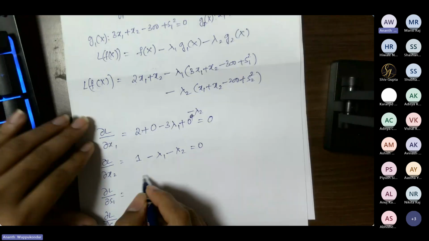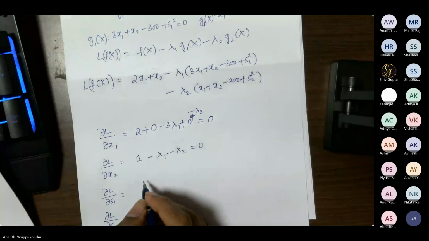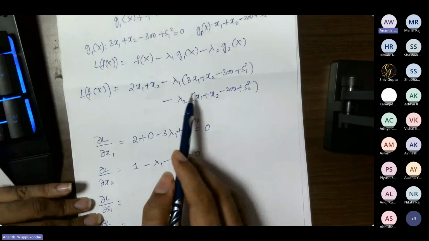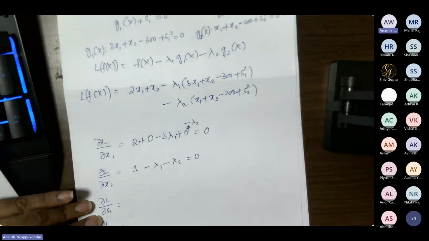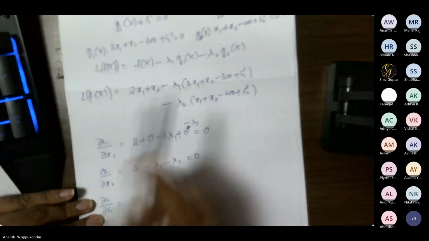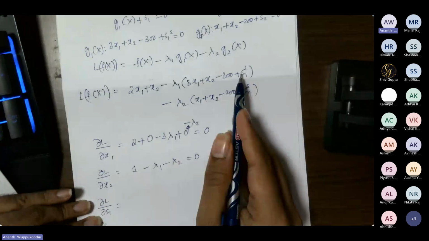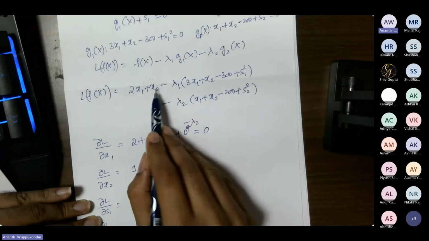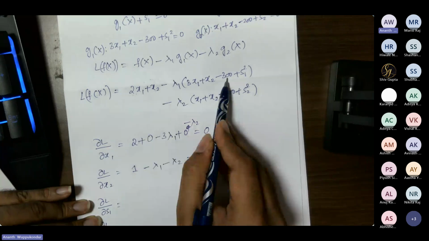And if I differentiate it with respect to S1, and then with respect to S2. So if I differentiate it with respect to S1, the first two terms are 0, obviously, because there is no S1. So the first three terms in this bracket are also 0.